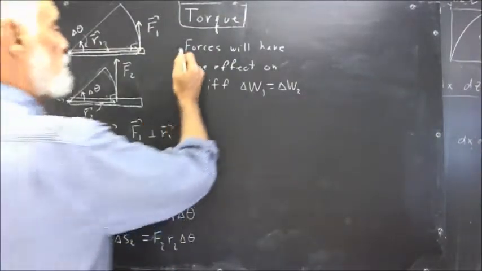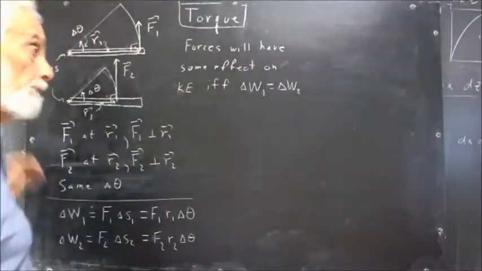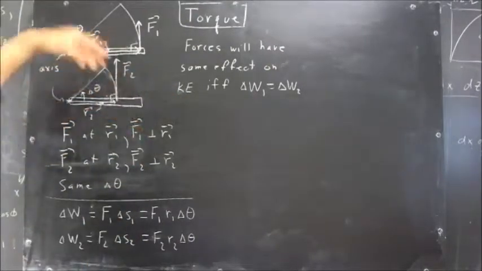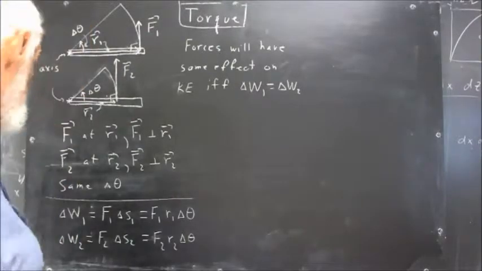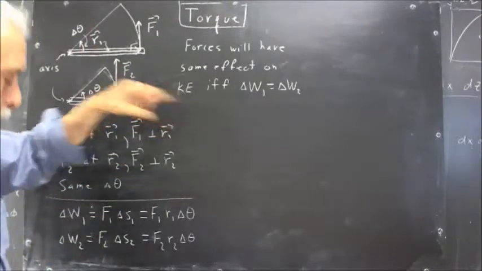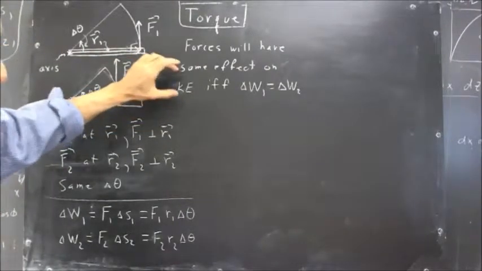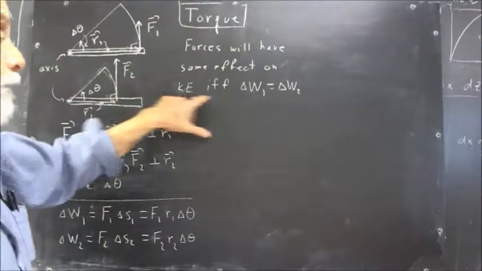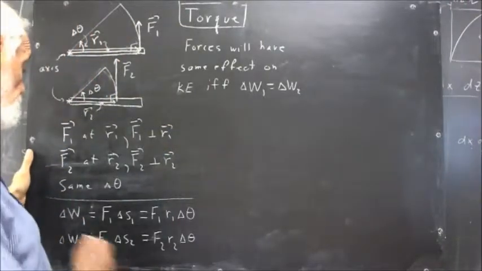Let's say on the kinetic energy, so that's a little safer than omega. We haven't specified an initial velocity, and that would make a difference. I'd have to qualify the argument quite a bit more if I wanted to talk about just the effect on omega. But same effect on the kinetic energy of the system if delta W1 equals delta W2.